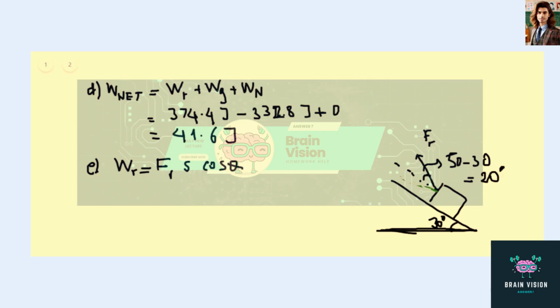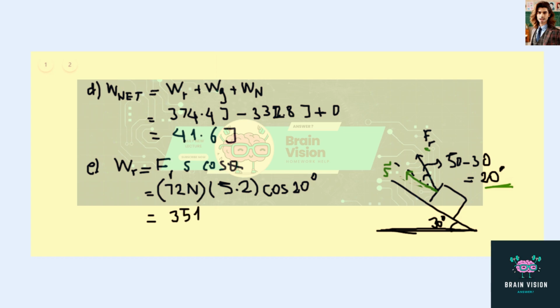Let me draw it better, like this, right? This is the direction of s, but now the direction of F sub r is at a 20-degree angle with respect to s, so we're going to plug it in here. The magnitude of F sub r is still 72 newtons. The magnitude of the displacement vector is still 5.2. And now we have cosine 20 degrees. When we do the calculation, it will give us 351.8 joules.